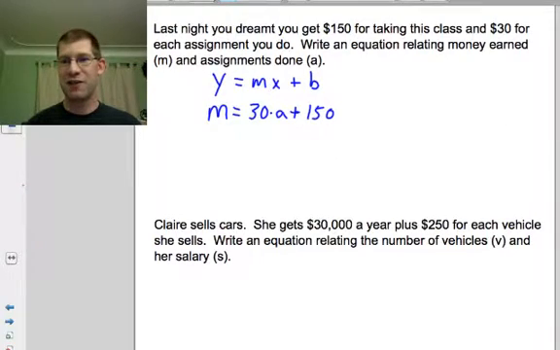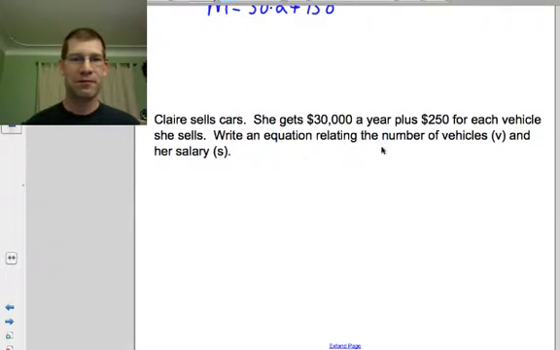The last example is going to be Claire. Claire sells cars. She gets $30,000 a year plus $250 for each vehicle she sells. Write an equation relating number of vehicles, V, and her salary, S. I'm going to start out by writing y equals mx plus b.